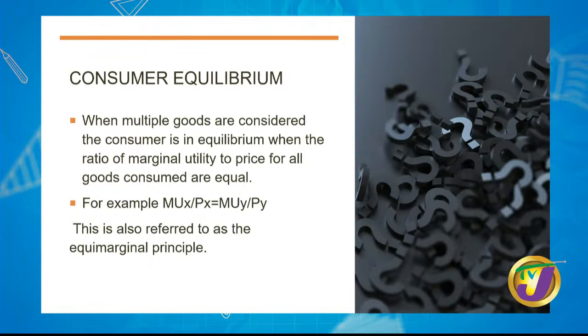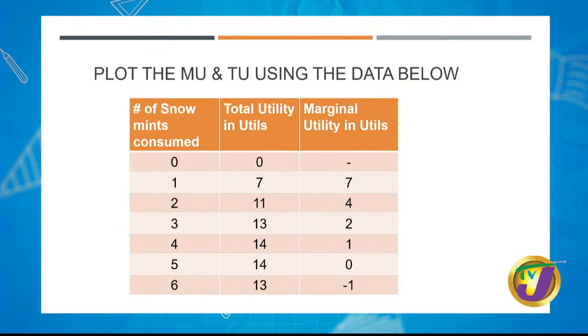So the marginal utility of good X divided by the price of good X should be equal to the marginal utility of good Y divided by the price of good Y. What does that mean? It simply means the consumer will consume both goods to a point where they are indifferent. They get the same level of satisfaction from both.